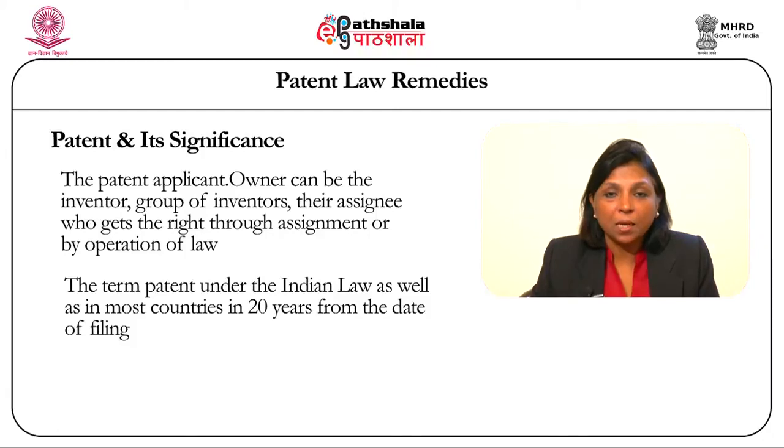That means, in the memo of parties which he files in the court, you will have the main defendant, defendant number 1, the one who is infringing, and the last defendant would be the patent owner, and this is just for the purposes of seeking a remedy.